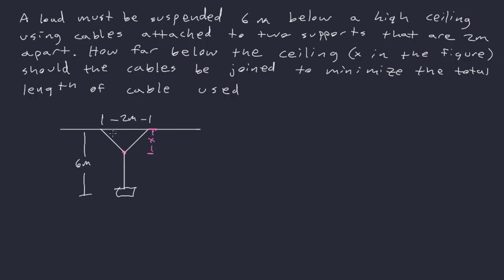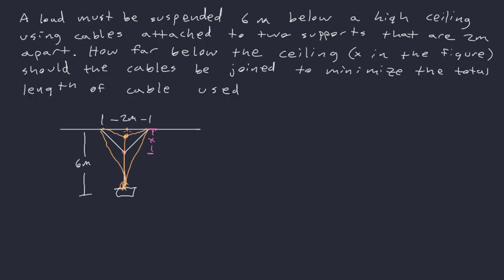So the question is, well, how far down do we need to go to use the minimum amount of cable, right? Should we make it a very shallow amount here? Should we make this part go all the way down, right? So X can be anything between 0, really.